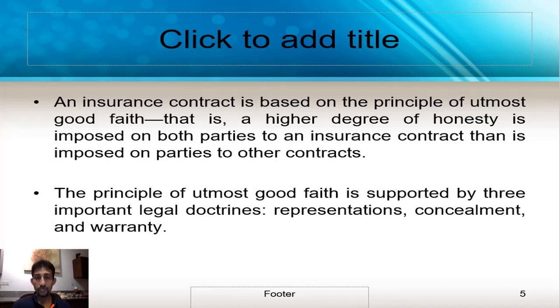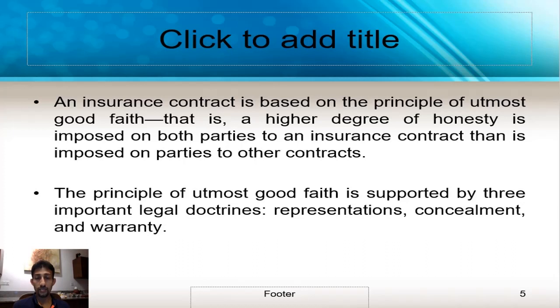An insurance contract is based on the principle of utmost good faith. So, a higher degree of honesty is imposed on both parties of an insurance contract than is imposed by any other contracts. This is a very important tool.